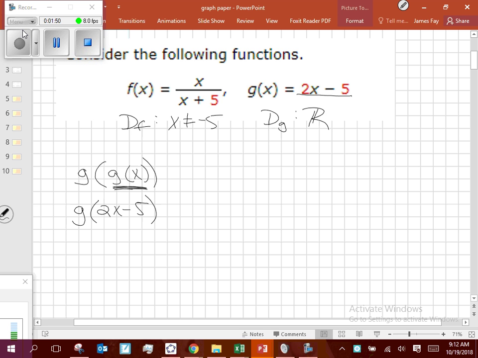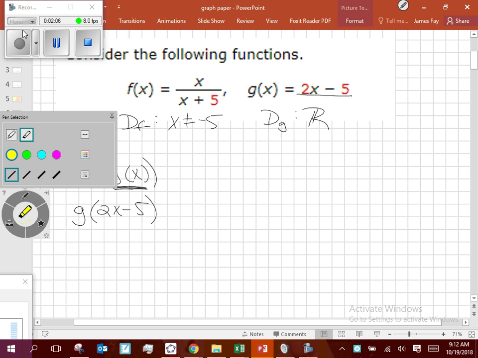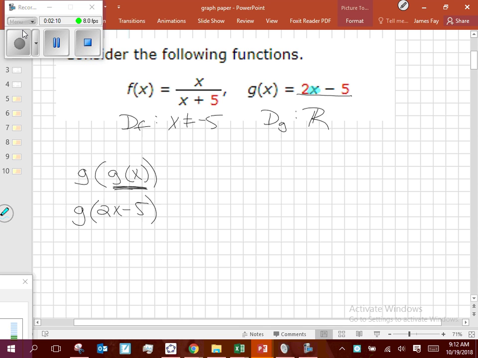And now that gives me something maybe that I can actually start to substitute, right? That means that 2x minus 5 is going to be your input inside the function g. Anywhere I see my x is where I use my input.